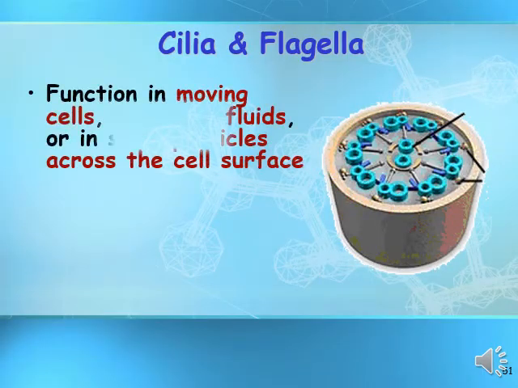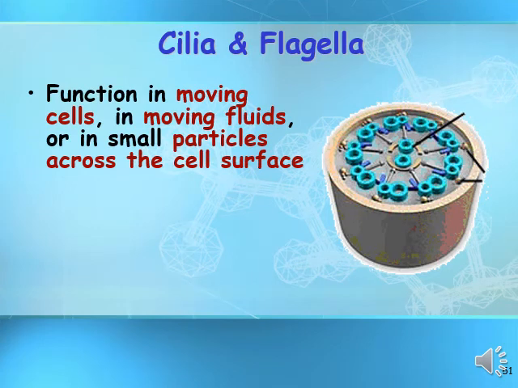Cilia and flagella can function in moving cells, in moving fluids, or in moving small particles across the cell surface. Cellular movement is performed by these organelles, cilia and flagella.